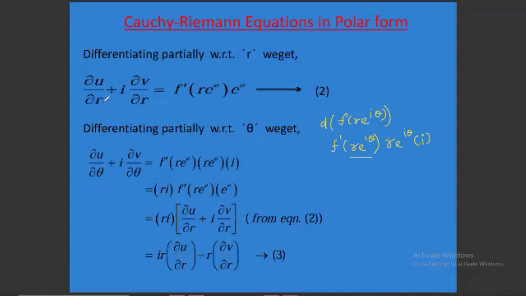So now it will be replaced as f dash of r into e power i theta into e power i theta into r i. That is, r i into dou u divided by dou r plus dou v divided by dou r. And next, r i into dou u divided by dou r minus r into dou v divided by dou r, by the equation 2.